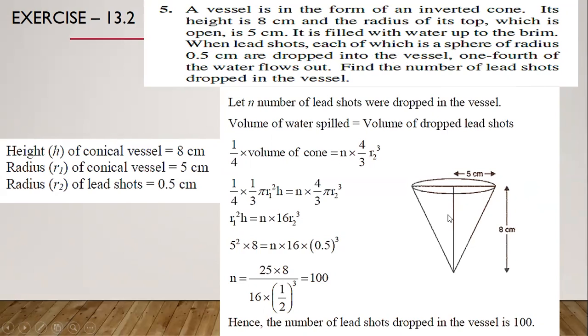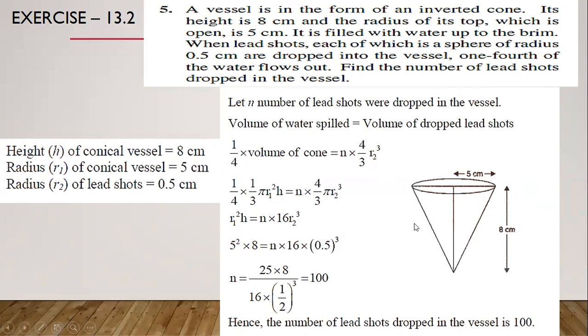Now, if you drop lead shots, there's going to be an overflow of water, isn't it? So when lead shots are put inside, 1/4 of the water flows out. Find the number of lead shots dropped in the vessel.